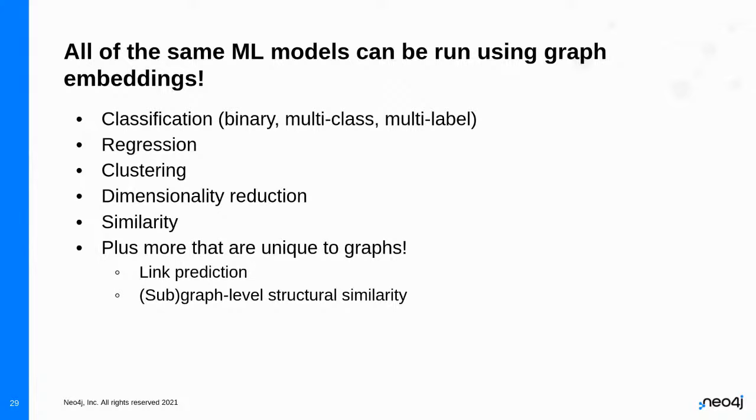But the cool thing is that in addition to the traditional approaches, there are also things that we can do with graph data that you can't do with traditional machine learning, such as link prediction. An example of link prediction would come out of social media. So I have a network of relationships. This person is friended with that person in a Facebook kind of model. They're both friended with each other.